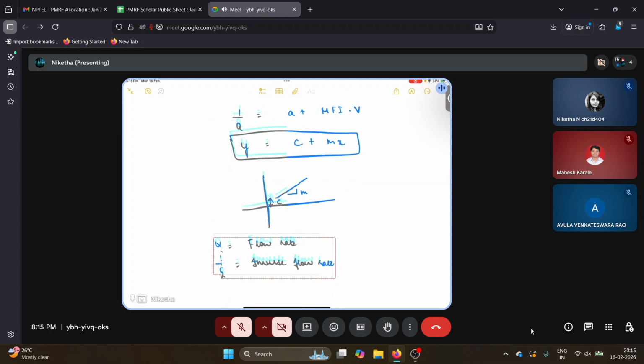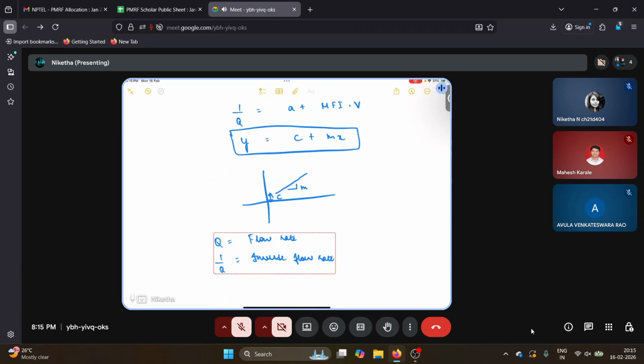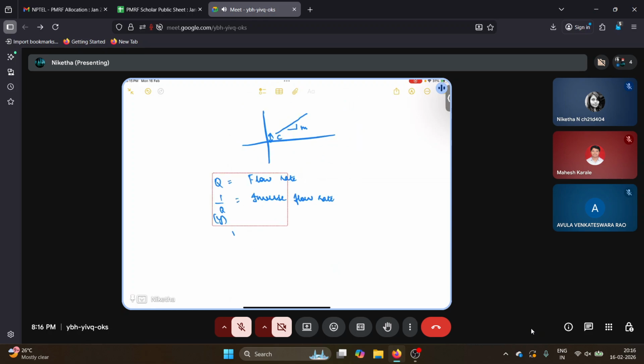We also have to measure the corresponding flow rate for that volume. If you have these two data, then you can just plot it: the volume on the x-axis, and 1 by Q on the y-axis.